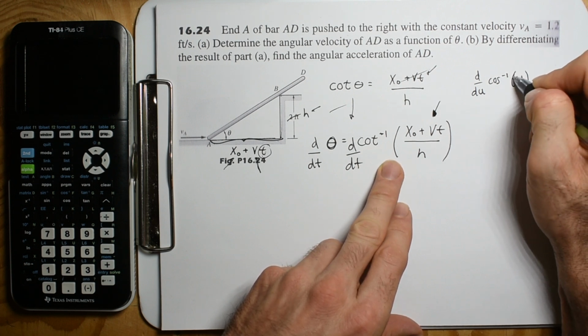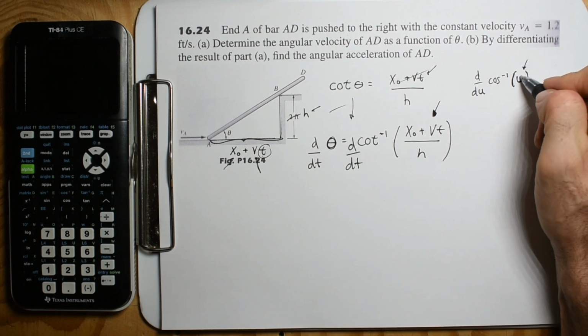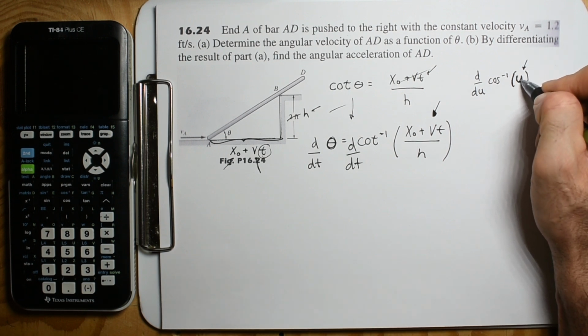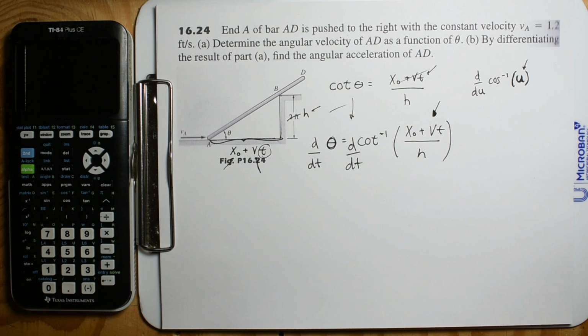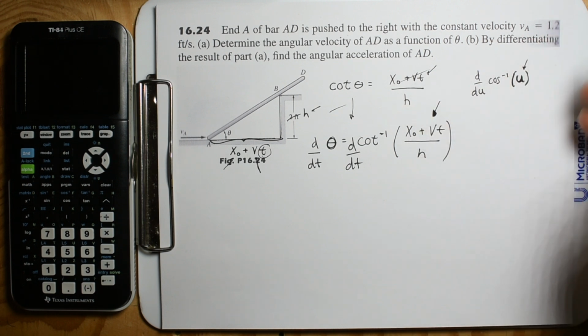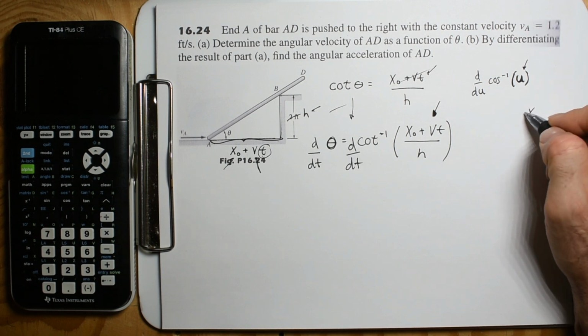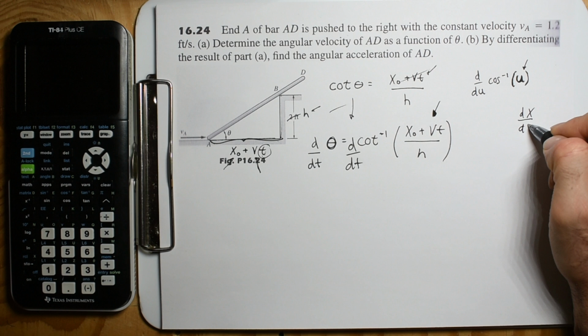And u is kind of a catch-all: for the time being, let's just make this a normal term, like if it was just a variable like x. Because if you differentiated x, you would just get 1.